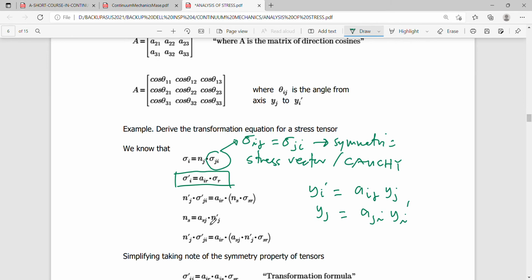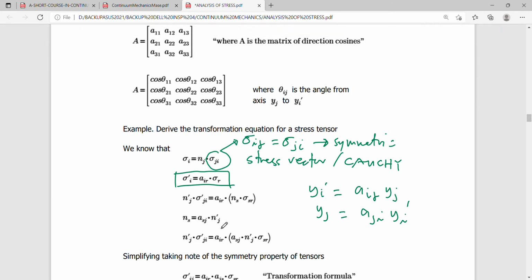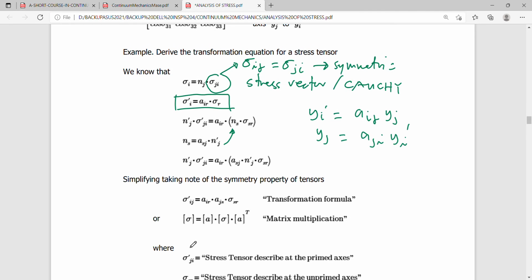So I'm converting a prime axis to an unprimed description of my normal vector because I want to substitute this here. If I substitute here, I can have the same subscript n prime j as the left hand side n prime j, and I can simply cancel out the n prime j here.